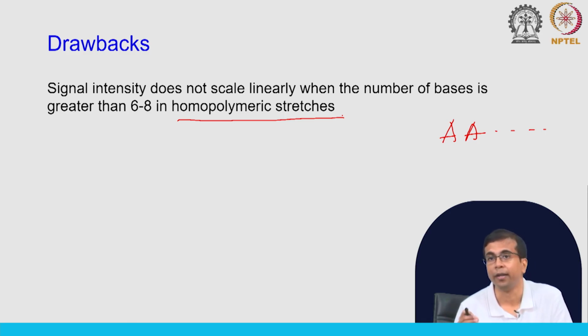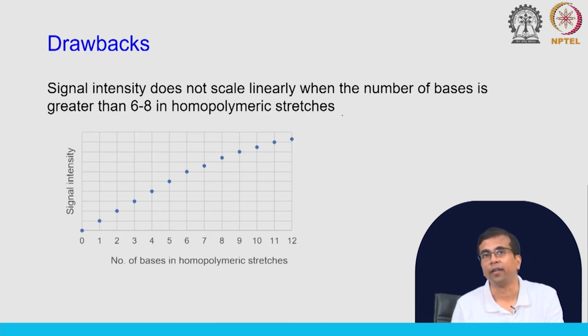So, you could not determine the exact length of the homopolymeric stretch. Whether it is actually 10 or 11 or 12 or 14, there used to be confusion. This method gave a lot of sequencing error around these homopolymeric stretches, especially insertions and deletions. We will talk about these different types of variants that we can determine. What it means is that we got more error in the sequencing data in these regions.